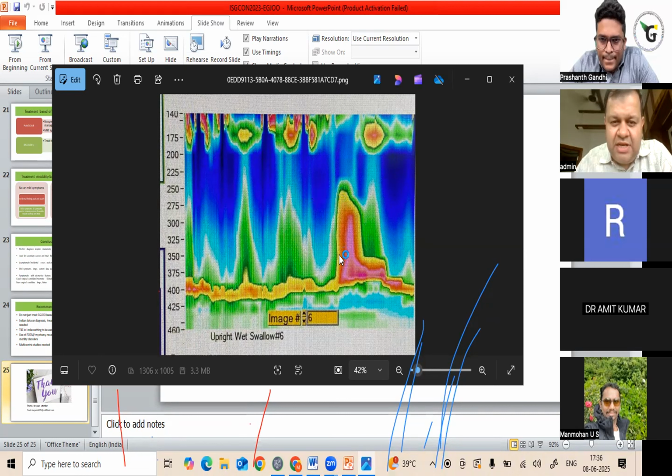So there is a simultaneous contraction, which again favors something like a distal esophageal spasm. But since the EGJ is not relaxing properly, this may behave more like type 3 achalasia rather than EGJ outflow obstruction. However, it can also be an EGJ outflow obstruction with spastic contractions, as we have described earlier.